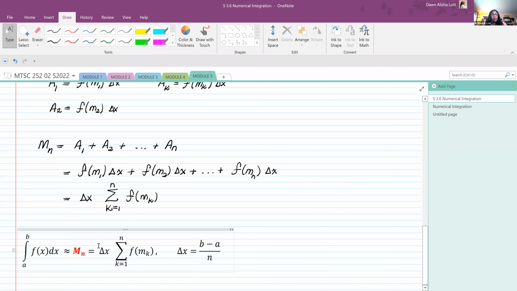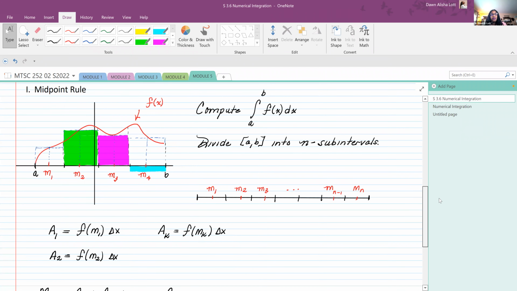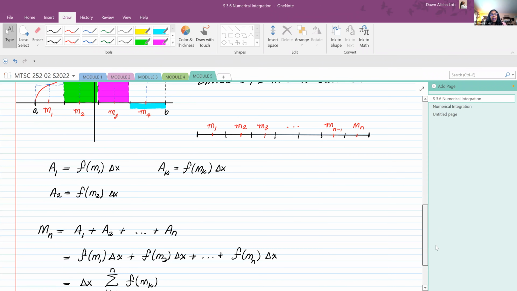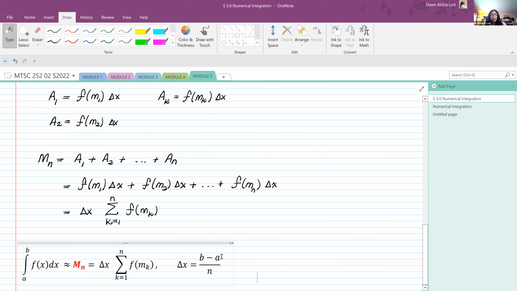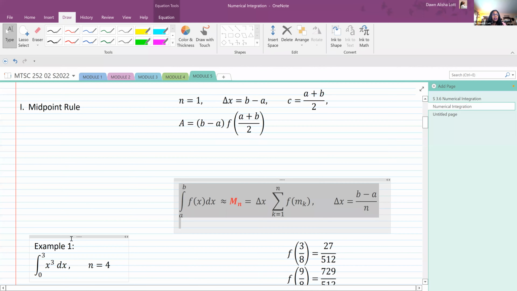Mn is delta x times the sum from k equals 1 to n of f at the mk's. Here, again, delta x is b minus a over n. So you take the length of the interval, and then you divide by n, and that gives you what delta x is. So delta x is b minus a over n.